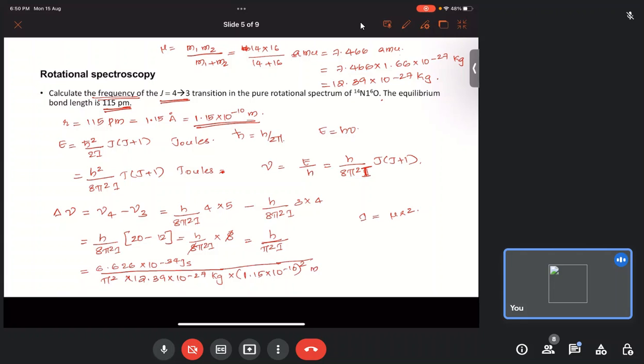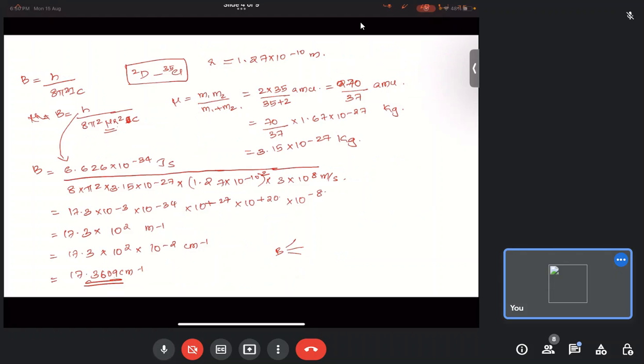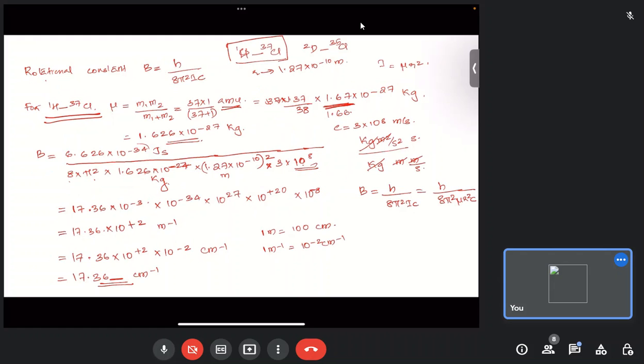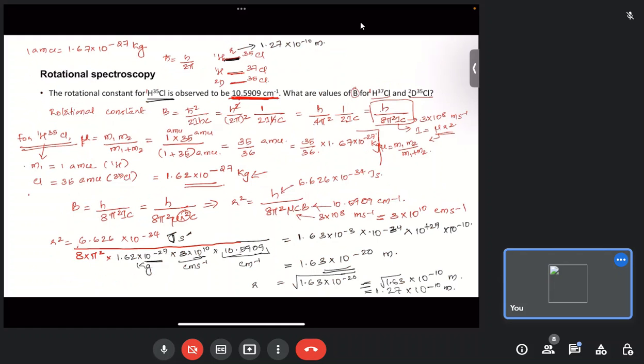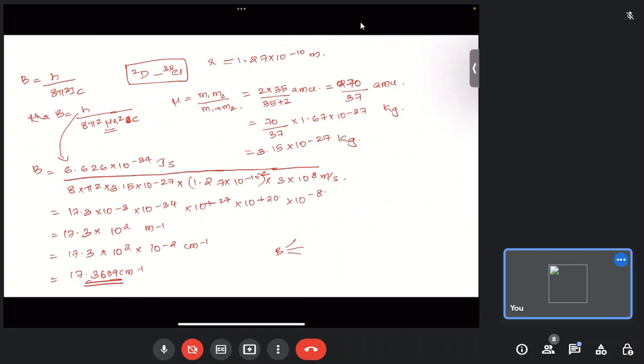This is in meter square. So this is going to be 6.626 divided by pi square is 3.